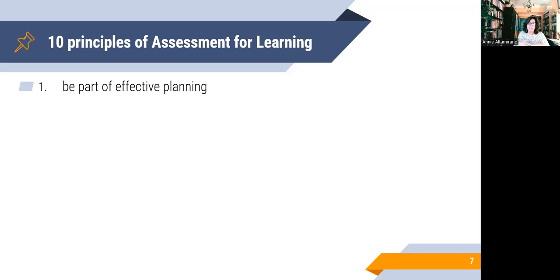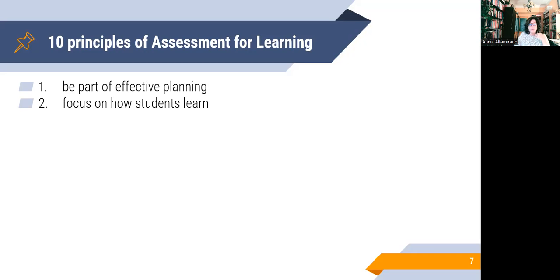That is, our planning should provide opportunities for both the learner and the teacher to obtain information and use it to progress towards learning goals. And it also has to be flexible to respond to initial and emerging ideas and skills.